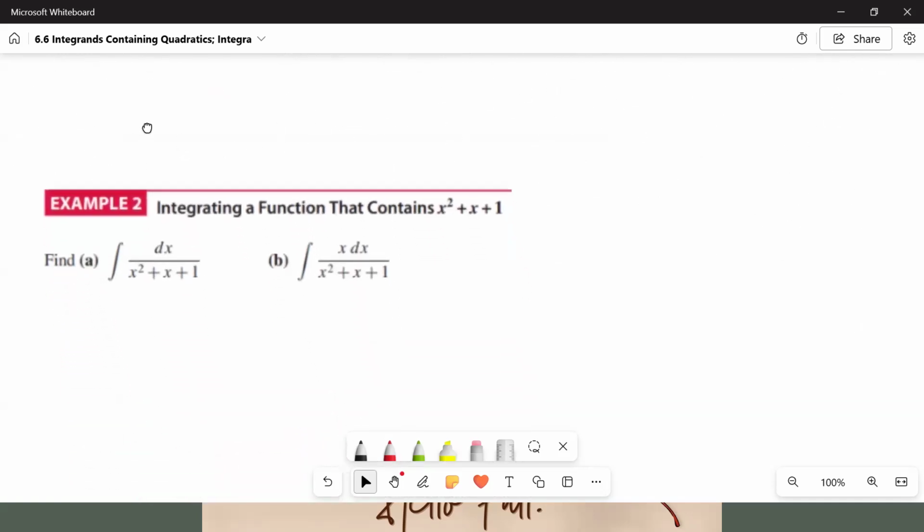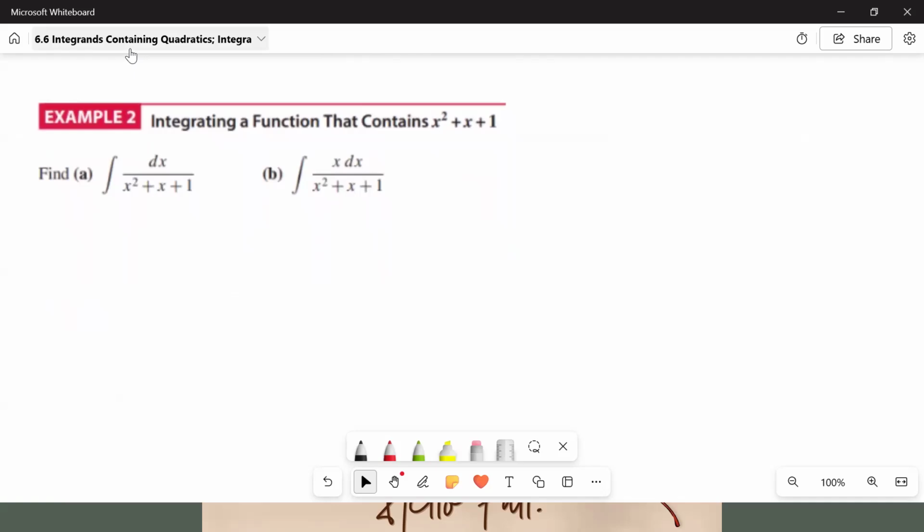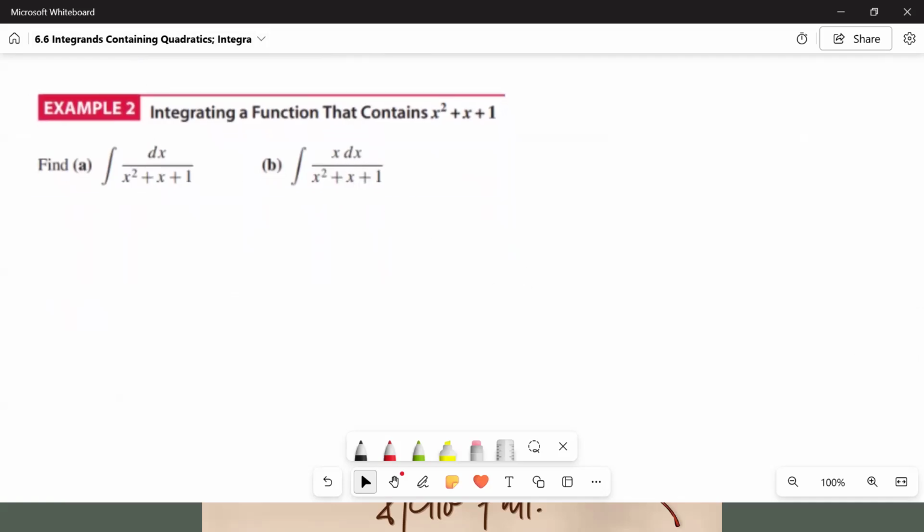All right, now I want to integrate functions that contain x squared plus x plus 1. So the integrand contains a quadratic expression there, so we're going to complete the square on the denominator. So let me do that over here. So we have x squared plus x plus 1.